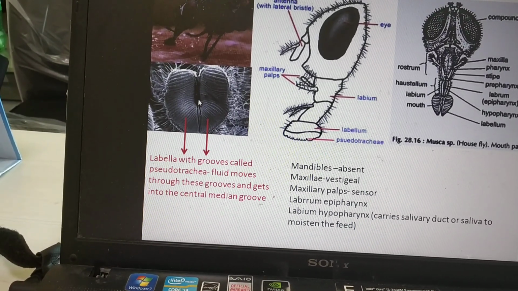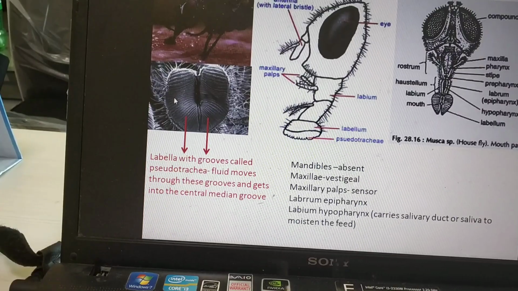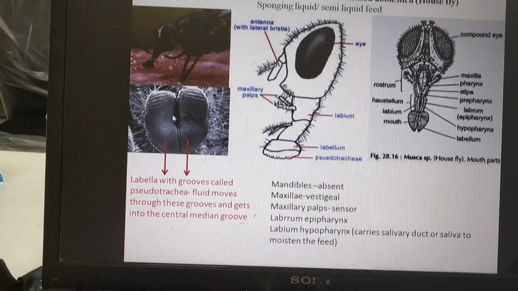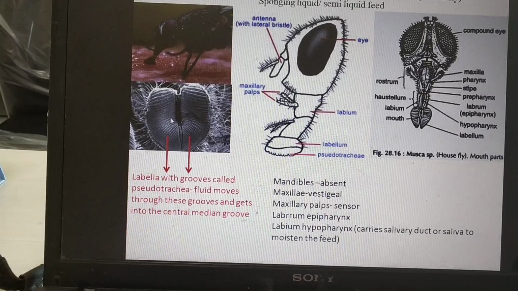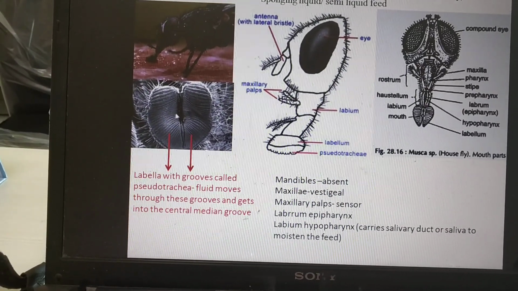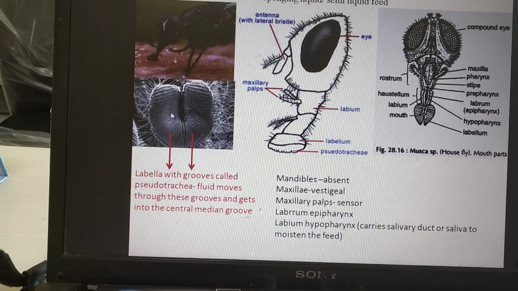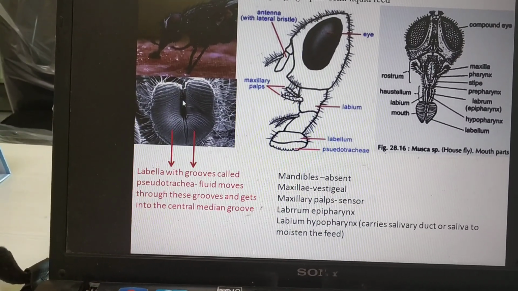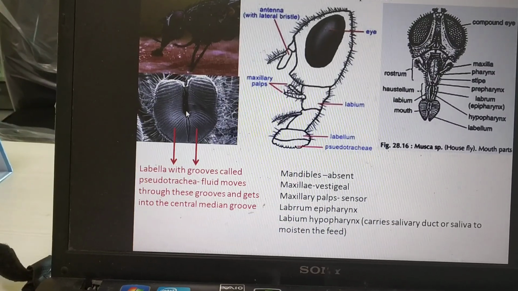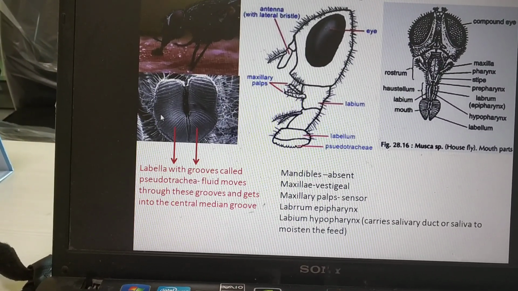Like you have the trachea, which is the respiratory tract from the spiracles opening, there are tracheoles and then trachea. So it looks like trachea, but they are not trachea. They are actually grooves, not closed tubes. These grooves meet at a central groove. It is just like a sponge.